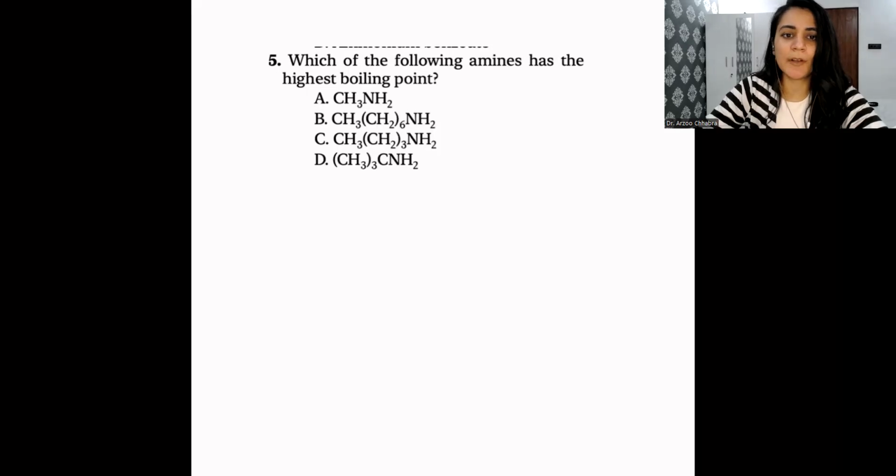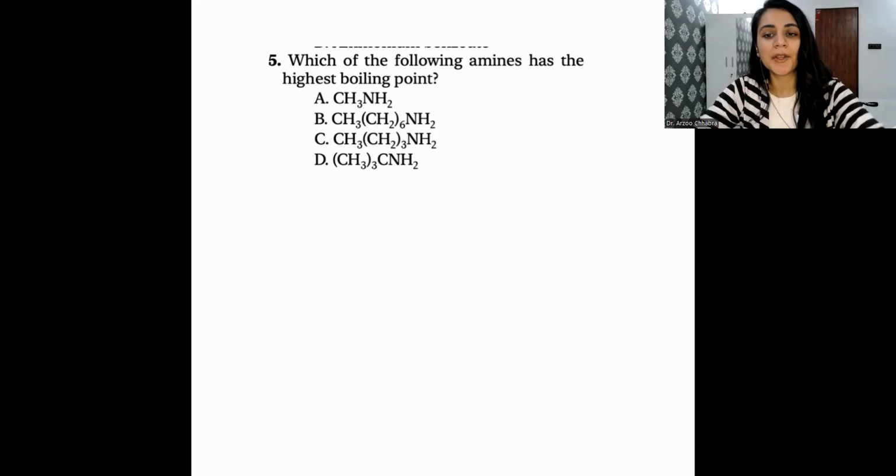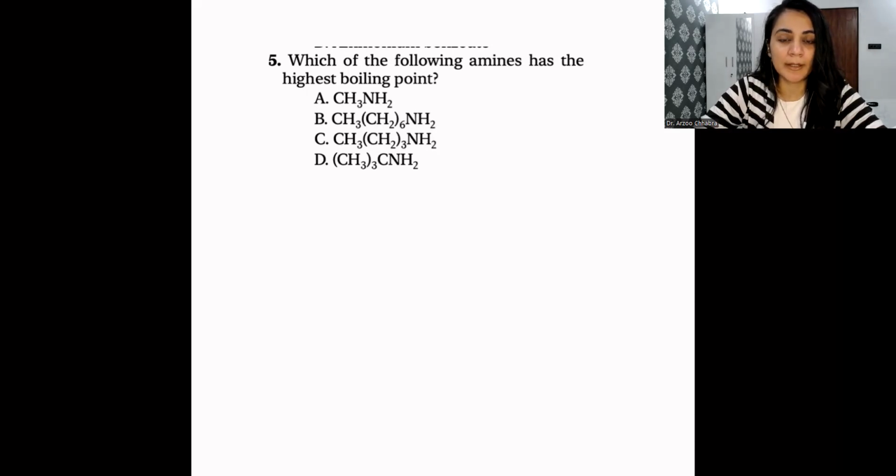Okay, which of the following amines has the highest boiling point? Like we said earlier, the boiling point is directly proportional to the strength of the intermolecular forces. If we look at these compounds here, the highest boiling point comes from option B, because the more branched the structure is, the lower the boiling point.